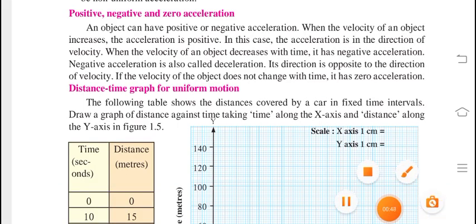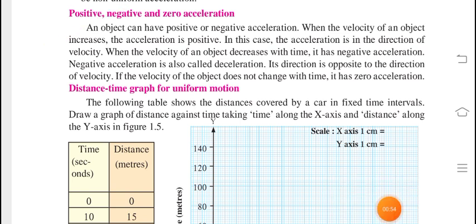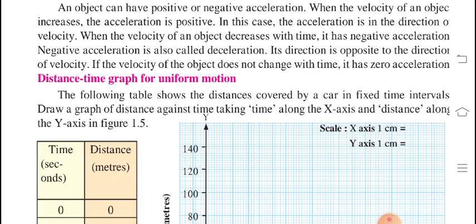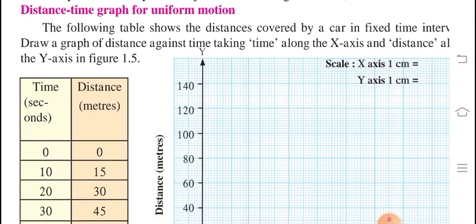In the last lecture we studied up to positive, negative and zero acceleration. Now today we are starting with a new, very interesting topic, that is the distance time graph for uniform motion. I feel you know the meaning of uniform motion, which I have shown you in the last video.